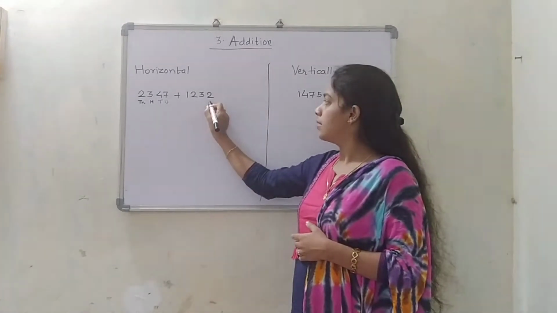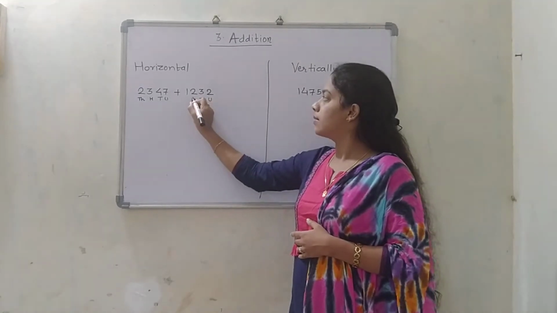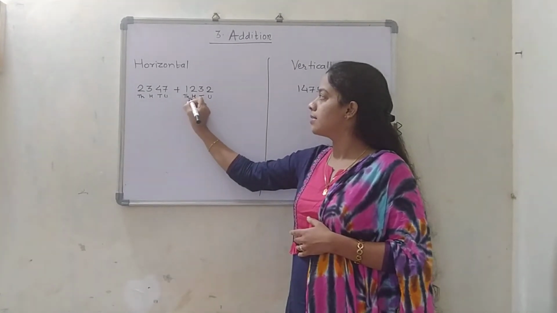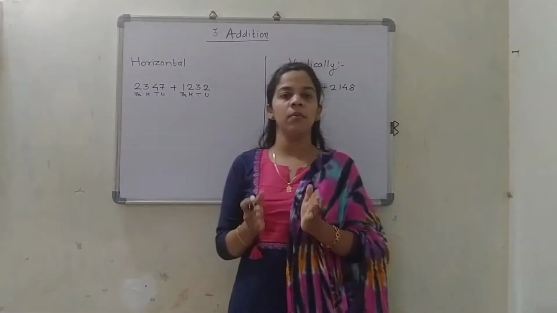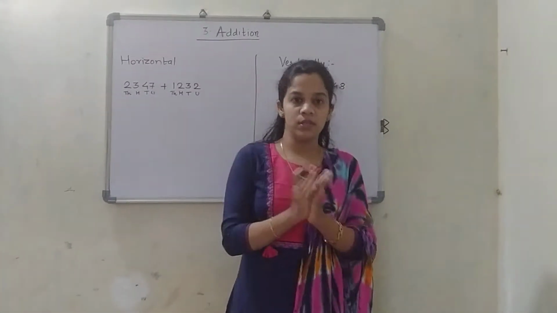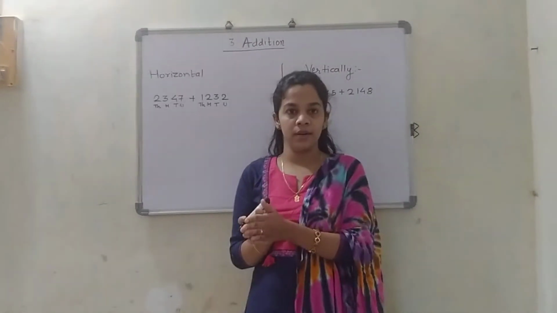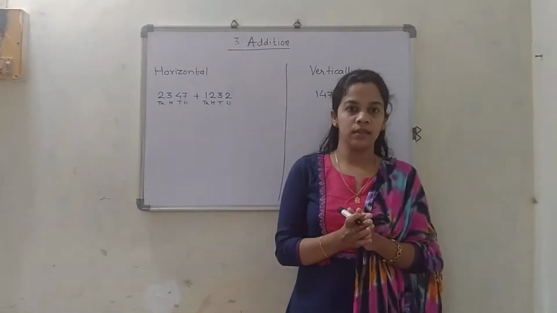Same over here, this is unit, this is tens, this is 100 and this is 1000. So always remember you are going to add the places such as unit plus unit, tens plus tens, 100 plus 100 and 1000 plus 1000.